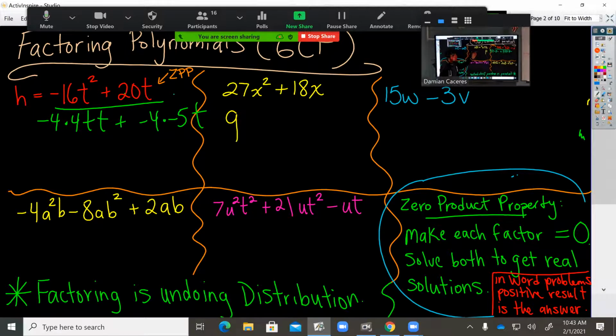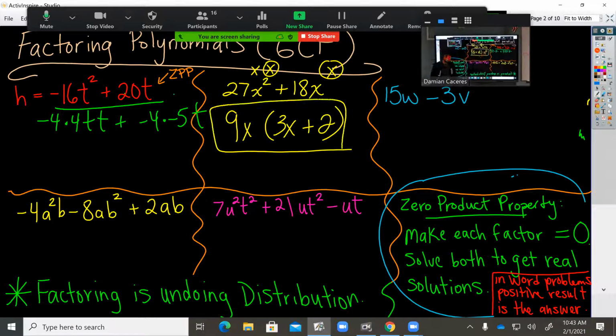For the variables, what do they have in common? Just an x. 2 x's here, 1 x here. How many do they have in common? Only one. Now, what's left in the parentheses? 3x for the first term and positive 2 for the second term. And that's it. These are your two factors.